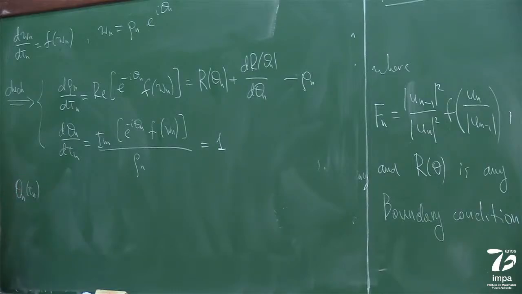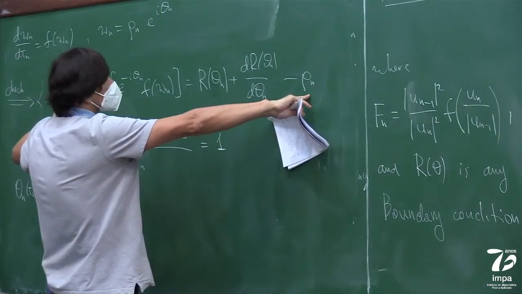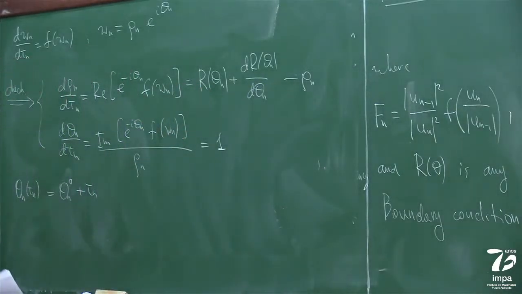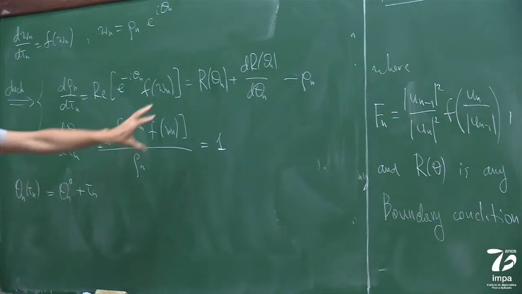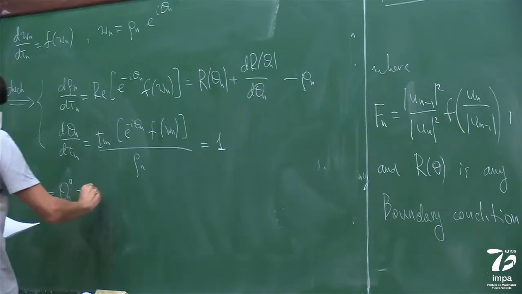theta n as a function of tau n is found explicitly. It's the initial condition plus tau n. And then for the first equation, you see this equation has an autonomous part, the linear part, d rho n equals minus rho n, and a part which does not depend on rho n, the non-autonomous part, and there is a standard way to solve it.